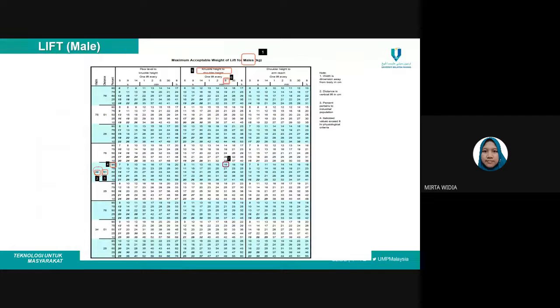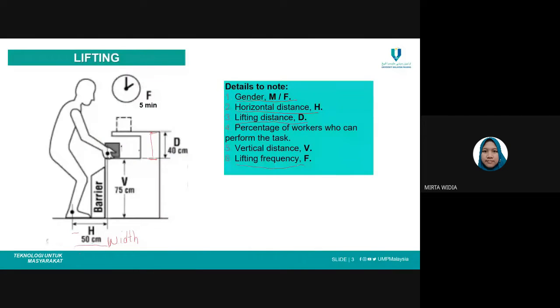For the width, there are only 3 options: 75, 49 or 34. So you need to choose the one closest to the value. If 50, then 49. And then the third one, you need to identify the distance. Okay, the distance is 40, right? This is the distance.